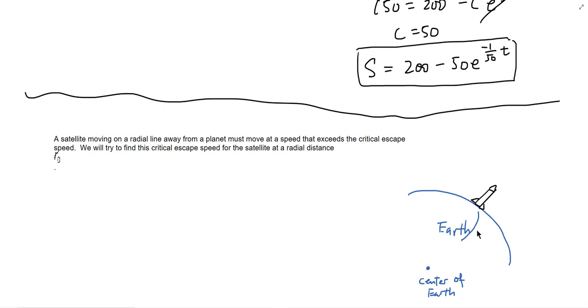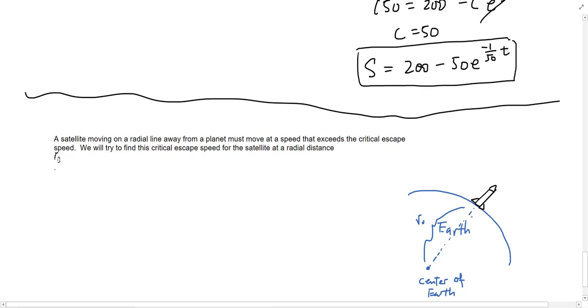Oops, I missed. All right, let's try this again. Maybe I'll start from this side. Let's say this distance right here is basically the radius of the Earth, and we're assuming the rocket starts at ground level, and it will shoot out at some kind of initial velocity at that point.